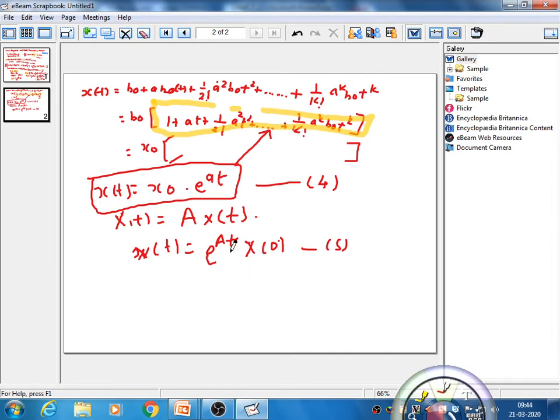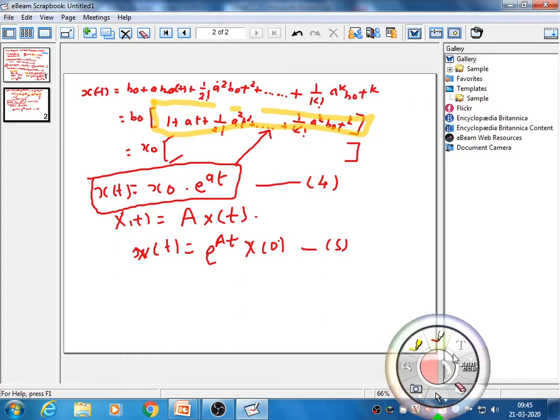So the initial x of 0 is multiplied by this quantity. We have to consider this part because the initial part is well known to us, so we will not bother about that, but we will consider e raised to at.